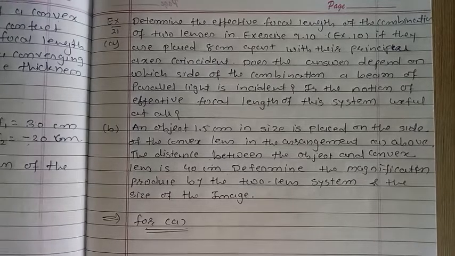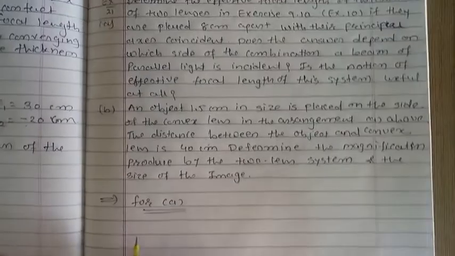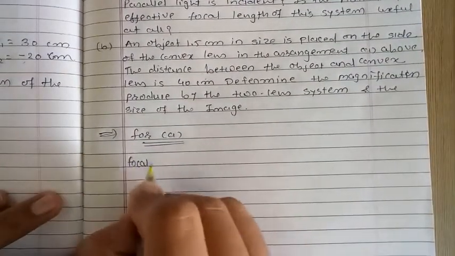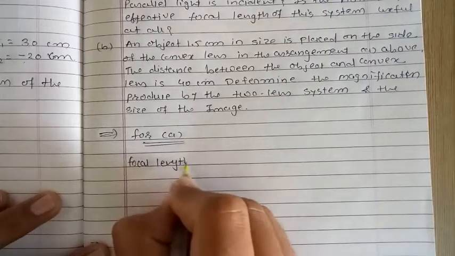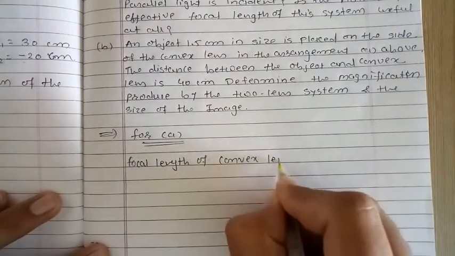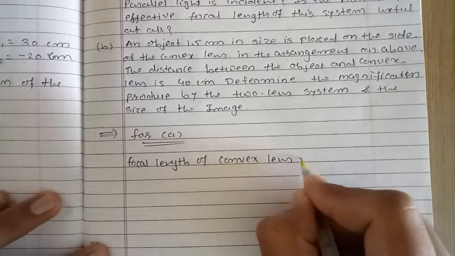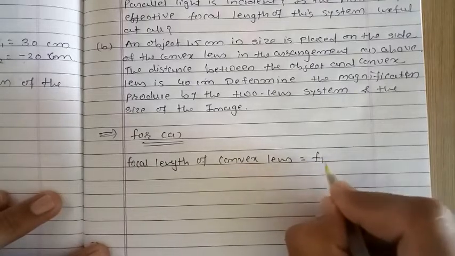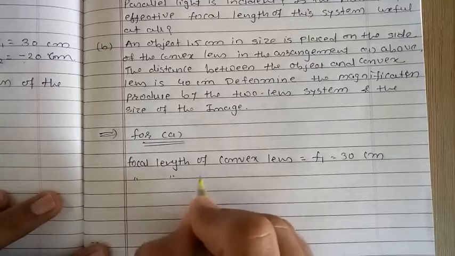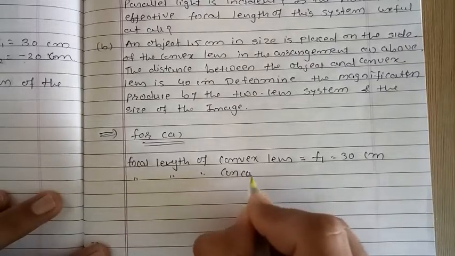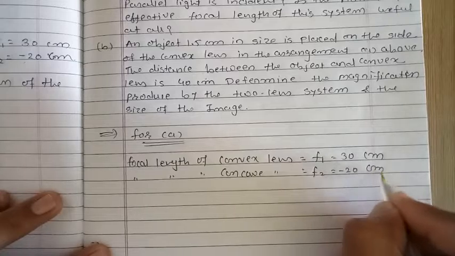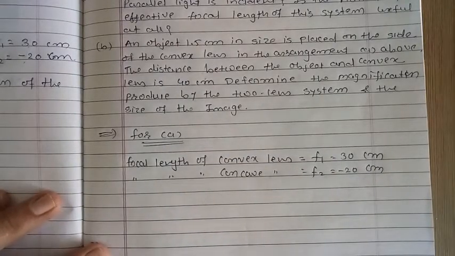So we write the given data, right? The focal length of the convex lens is f1 equals 30 cm, positive, and the focal length of the concave lens f2 is equals to minus 20 cm, right?